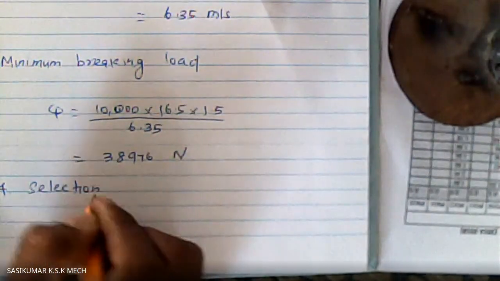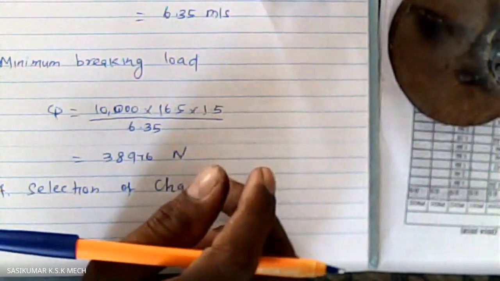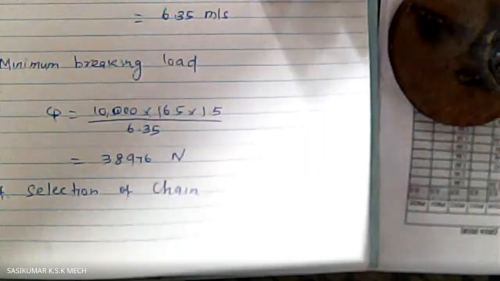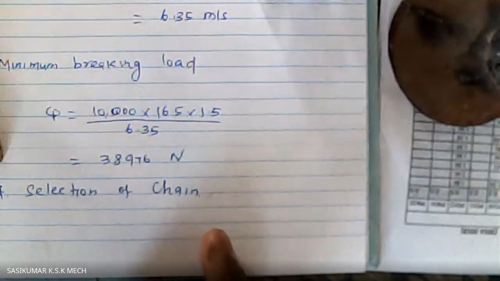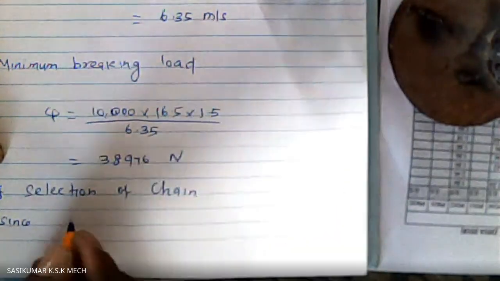Selection of chain. So here you have to write a note for this. In the previous step, what we have determined is the minimum breaking load.